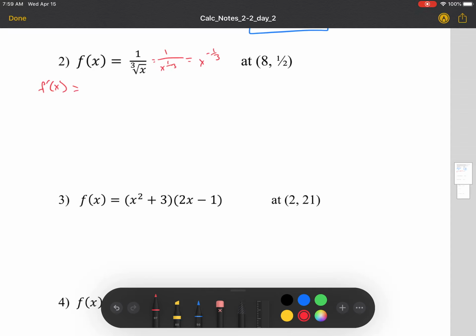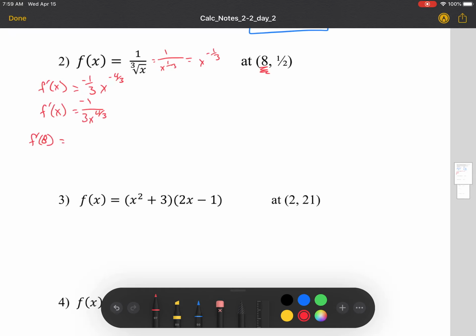When we take the derivative, we get a nice negative 1/3 x to the negative 4/3. We can make that look a little nicer: negative 1 over 3x to the 4/3. Now we take our point. We have 8 for our x.